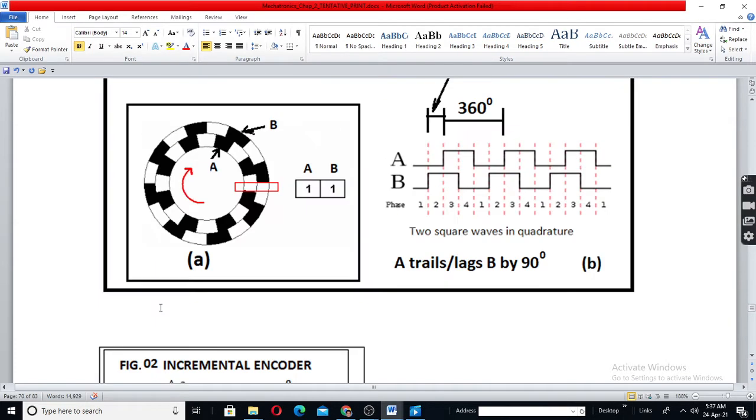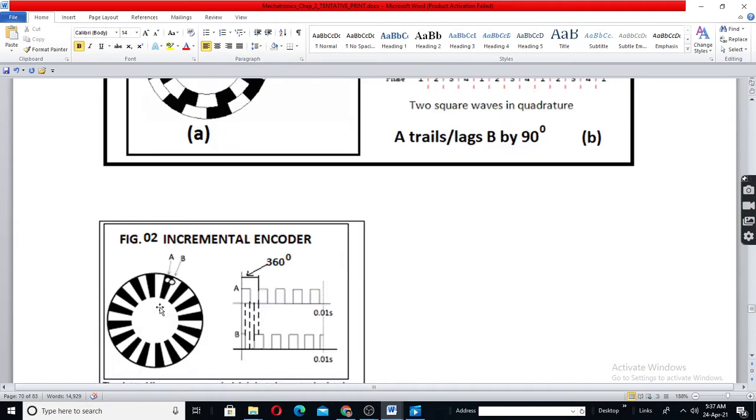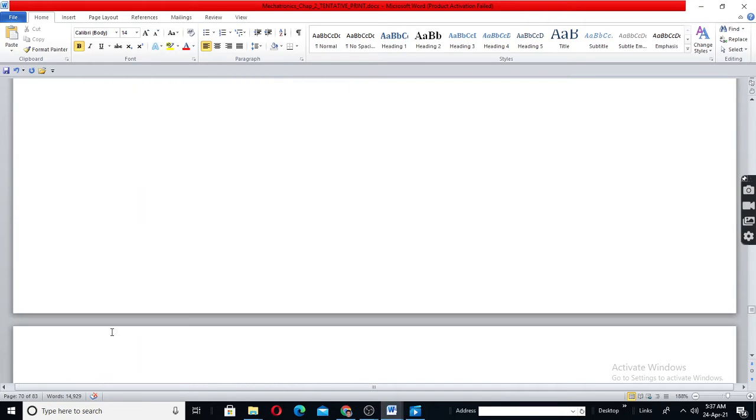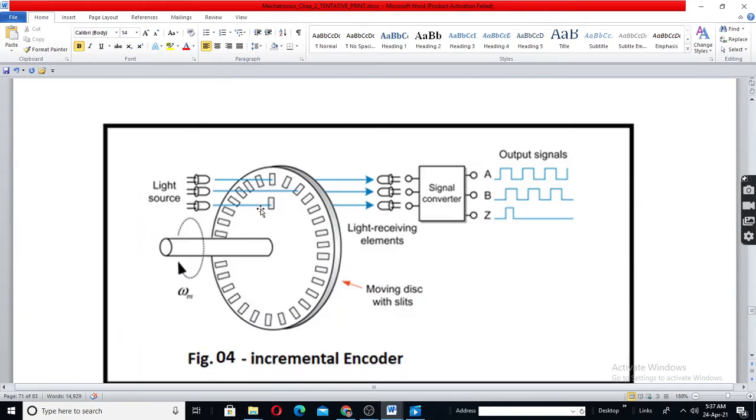Incremental means, relative means, with respect to one position. See, with respect to this, you are calculating 5 degree, 10 degree, 20 degree, 30 degree, like that. So you are incrementing or you are determining the angular position with respect to one particular point, relative.